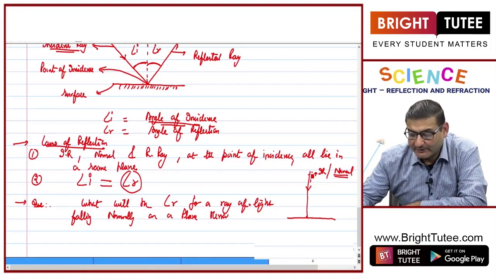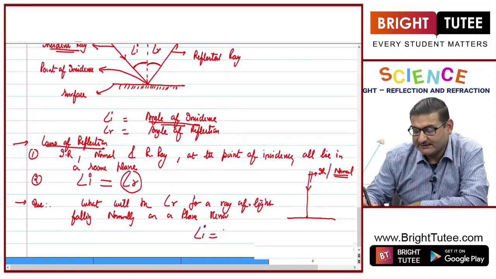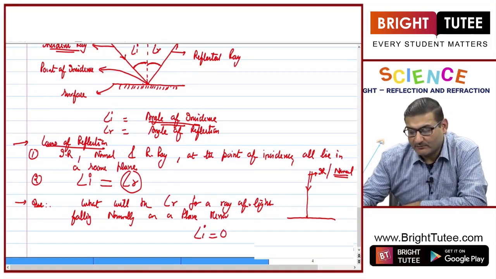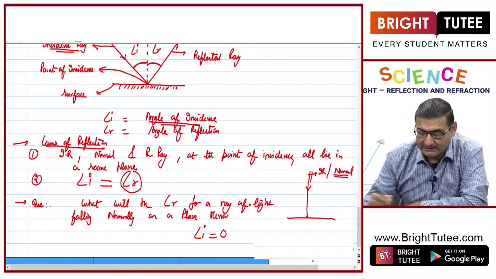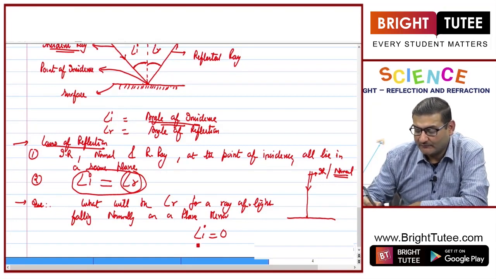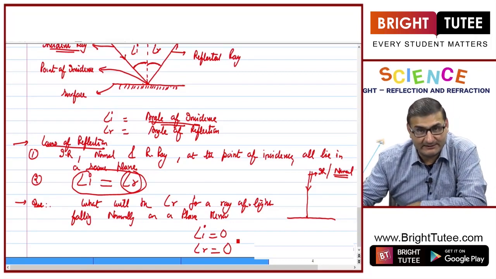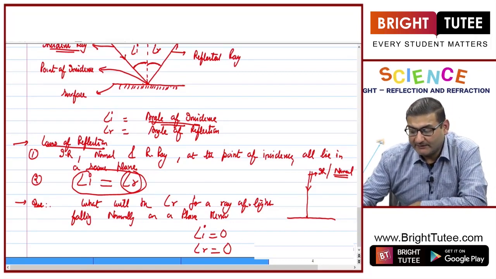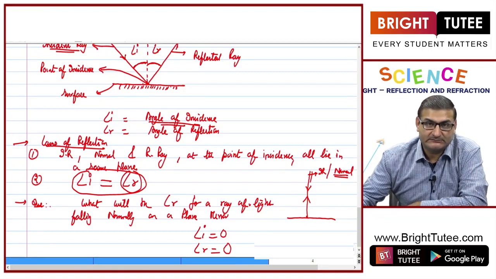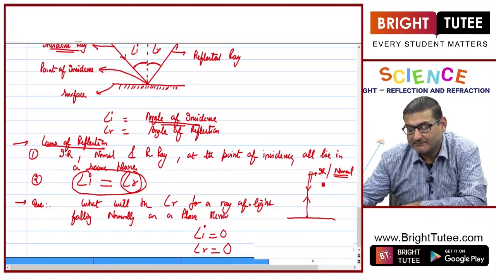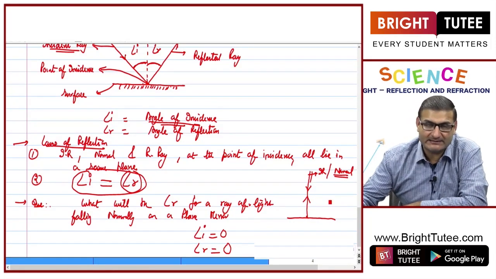So if a ray of light is falling normally, the angle of incidence is 0, because it is the same line as the normal. The angle between them is 0. And as per the law of reflection, the angle of reflection is equal to the angle of incidence, so it will also be 0. What does it mean? If a ray of light is coming perpendicular, then after striking the surface, it will bounce back along the same path. We just reverse the arrow to show its direction.